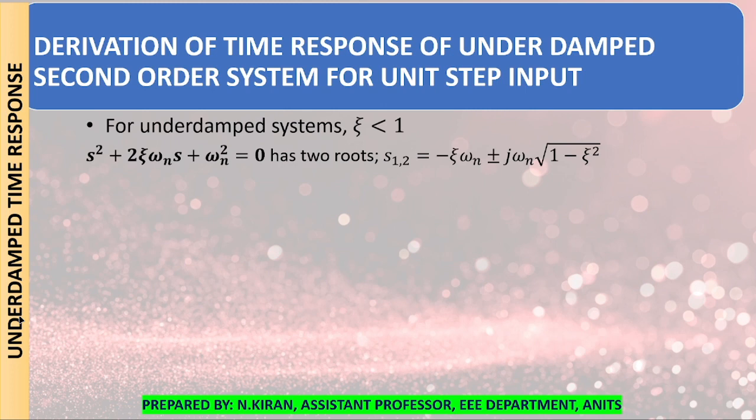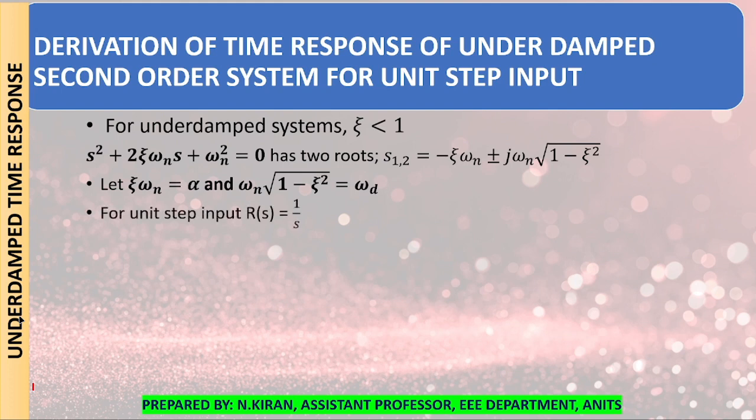If I find the roots of the denominator polynomial, they are minus zeta omega n plus or minus j omega n root over 1 minus zeta square. Here I'll assume zeta omega n as alpha and omega n into root over 1 minus zeta square as omega d.